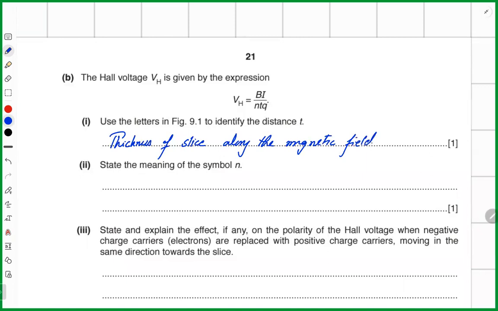Just thickness of slice is okay as well. State the meaning of symbol N. Can anybody do that? What is N? N is like charge velocity or something. Free electrons per unit volume.